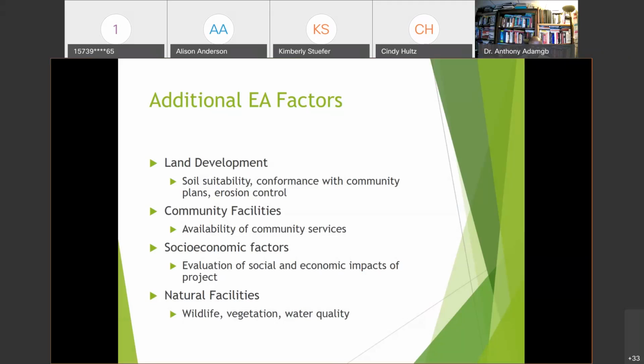And socioeconomic factors. And also natural features. So how will the project impact wildlife in the area, the water quality, and vegetation?